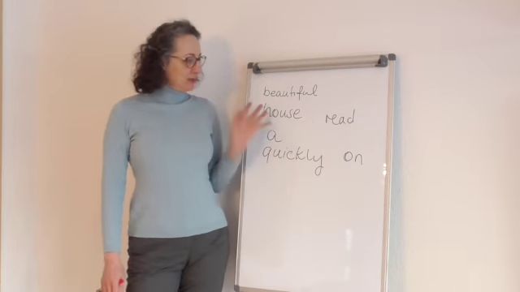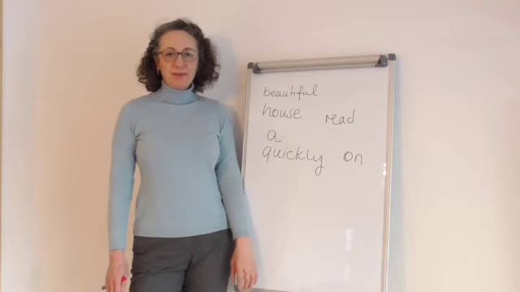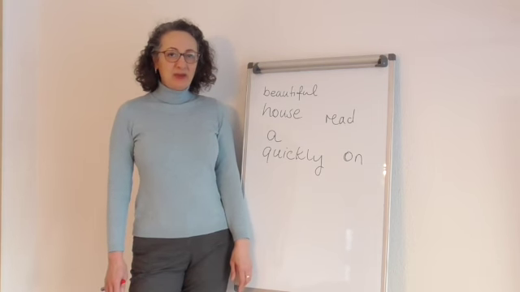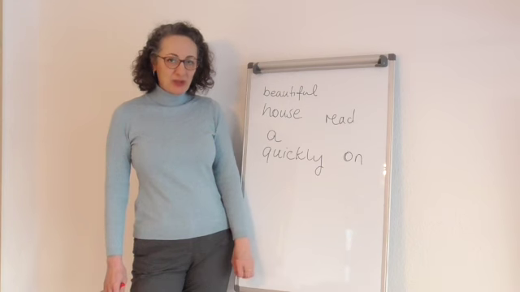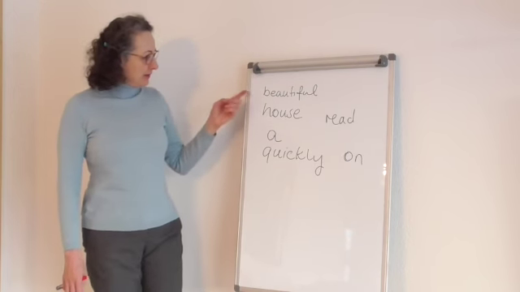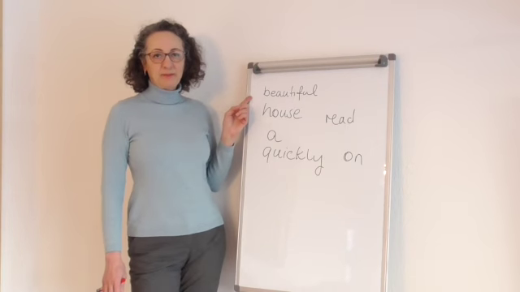Now, if you look at these words carefully, you can see that each word actually means something, of course, and based on what they mean, they do something in a sentence. Now, let's start with beautiful. What do you think beautiful does?